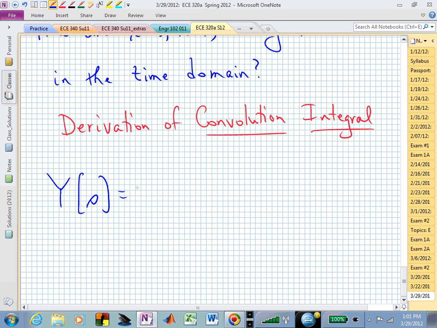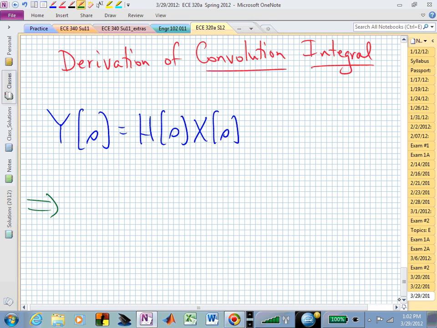We know that Y of s, the output, is the product of the transfer function H with the Laplace transformed input X, and those are all capital. Capital Y is equal to capital H times capital X. Let's now just plug that in, or re-express this in terms of the definitions of the Laplace transform.